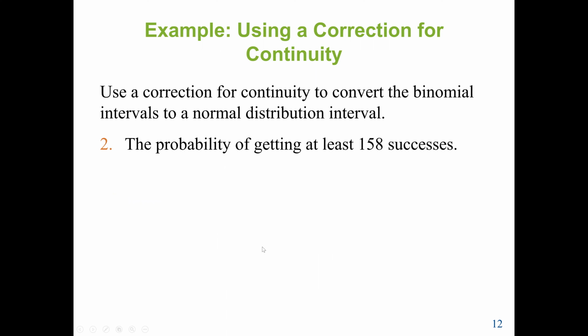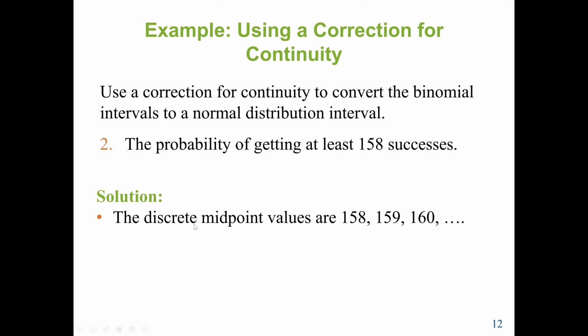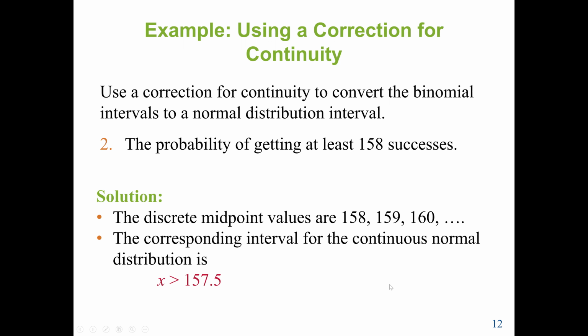Next, the probability of getting at least 158 successes. Again, these are discrete midpoint values: 158, 159, and up. Because they say at least, the minimum is 158 and we go up. So the corresponding interval for the continuous normal distribution is X greater than 157.5. Based on the question, we don't know the end.